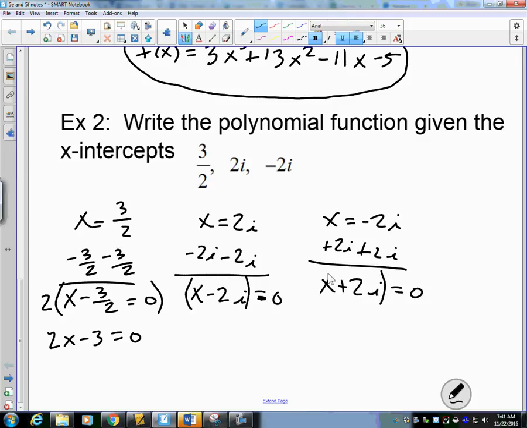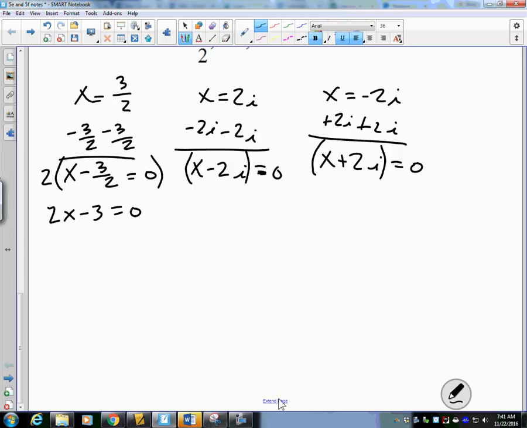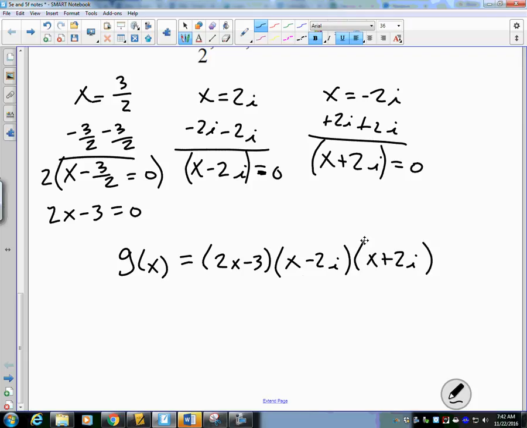So let's put these together. You can choose f of x, g of x, doesn't matter. I'm just going to go with g of x this time. Equals, setting all the factors equal to each other. This time, what I'm going to do is I'm going to multiply out the second two factors first.